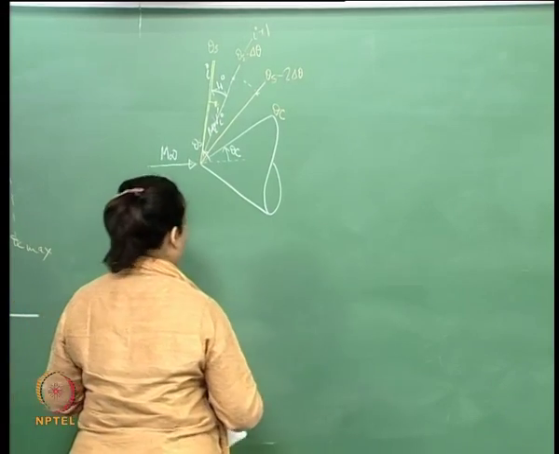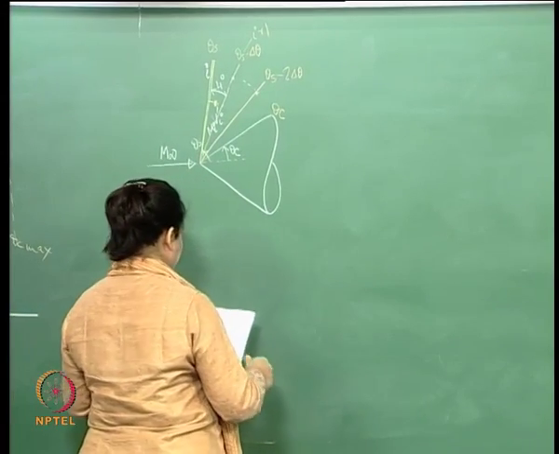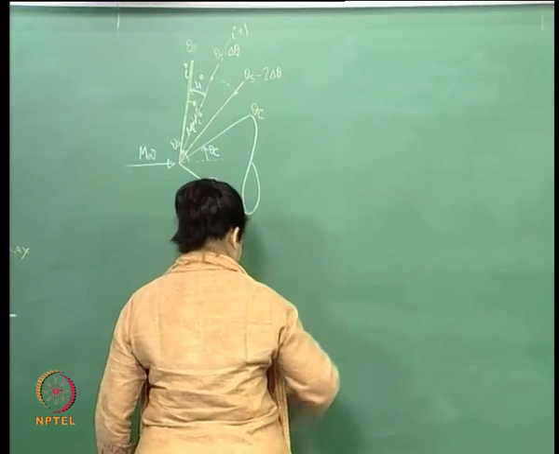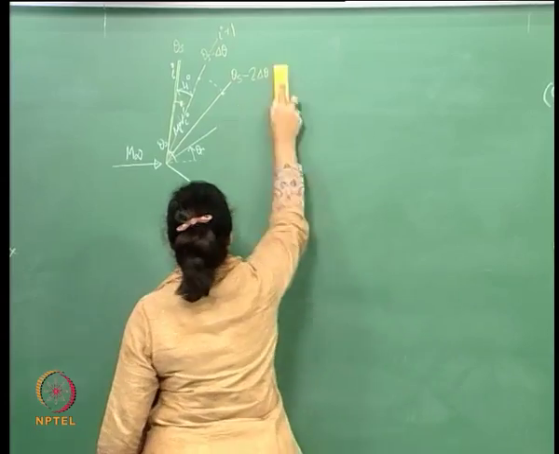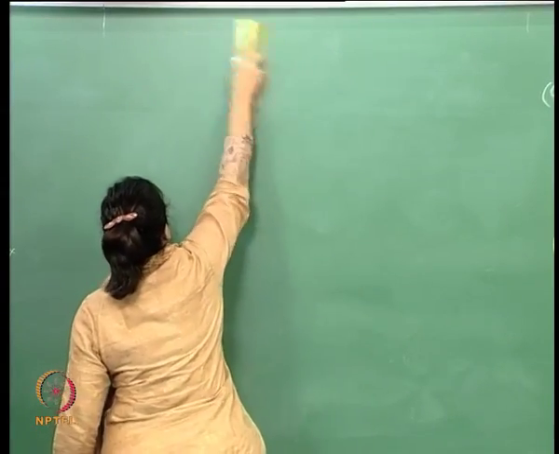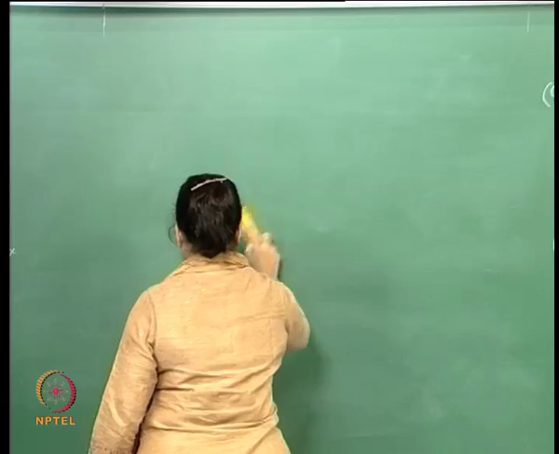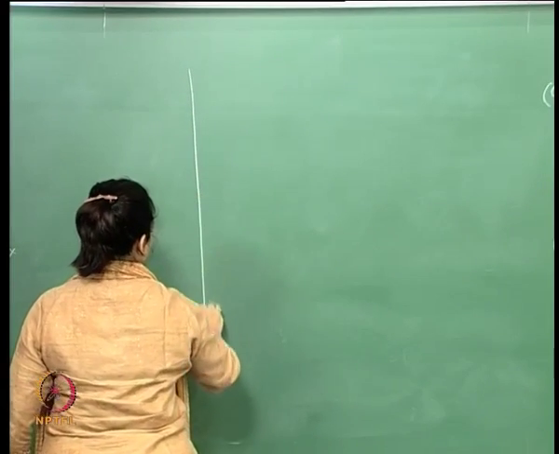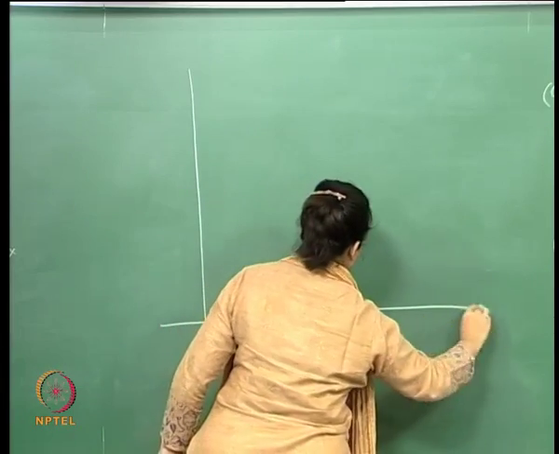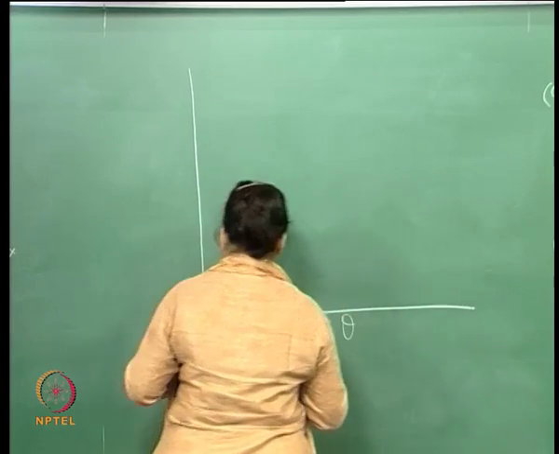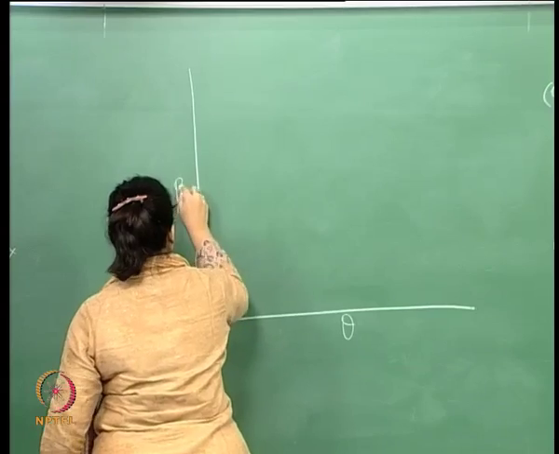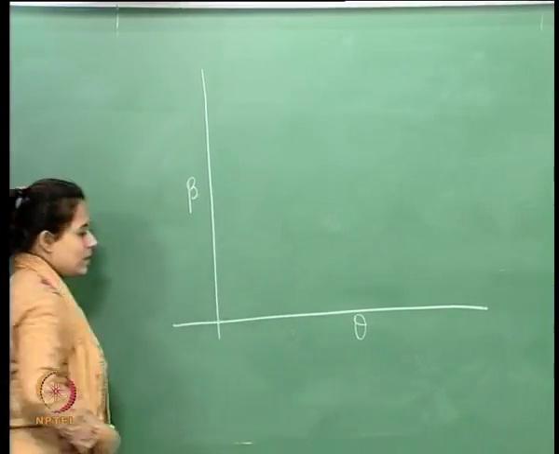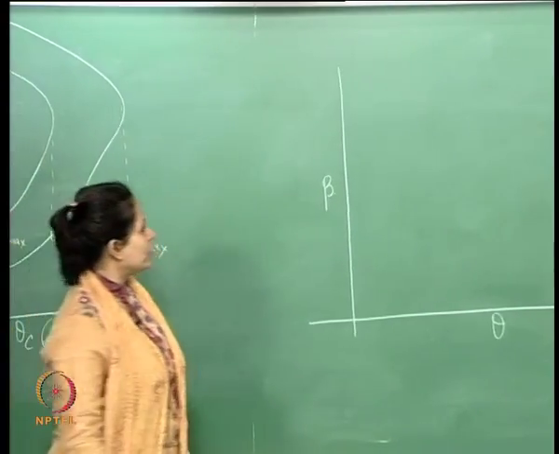So basically, essentially, if I were to draw this. Okay, so this is the shock wave angle, and this is the cone angle or wedge angle or whatever, right?